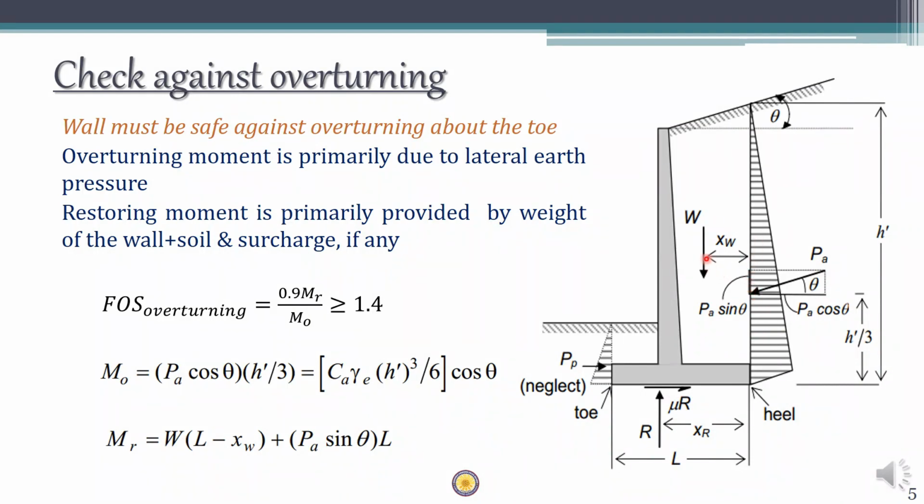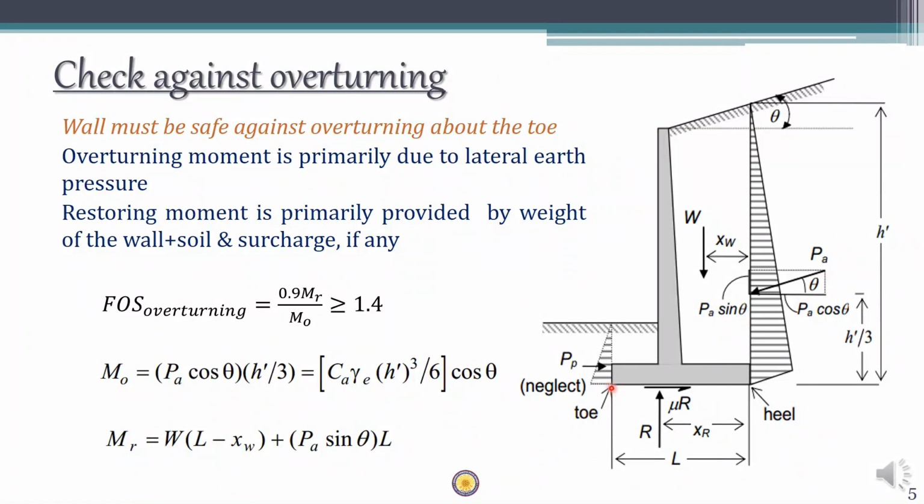When calculating the overturning moment, it can be seen that it is caused by the horizontal component of PA, which is PA cos theta, acting at a height of h dash by 3. If you calculate the moment about the toe, the overturning moment MO is PA cos theta into h dash by 3.